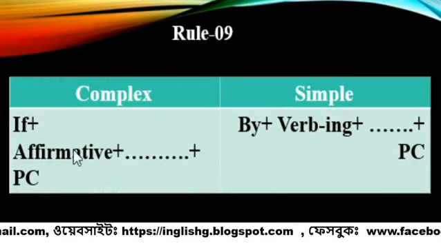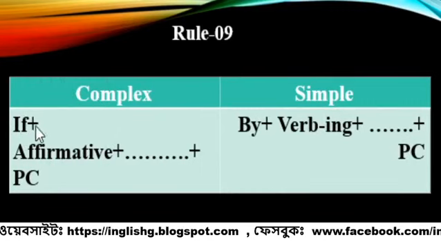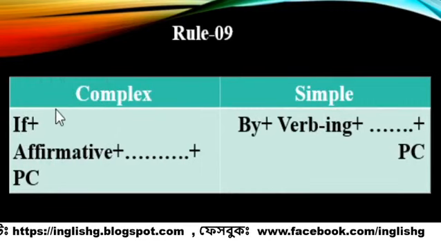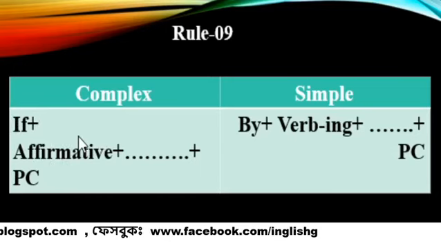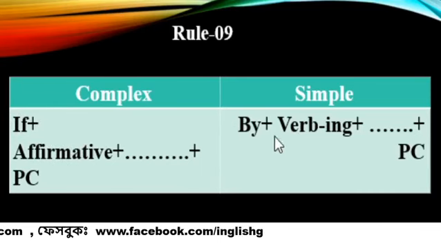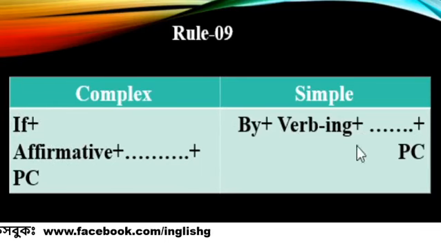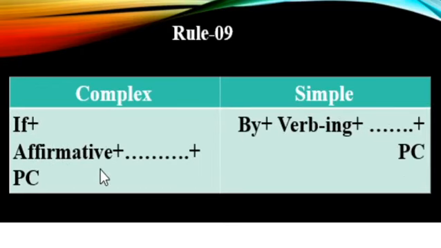If the subordinate clause is affirmative with the conjunction "if", then in a simple sentence we have to use "by" plus verb-ing plus the rest of the clause plus the principal clause.